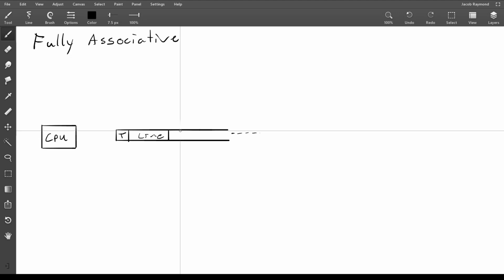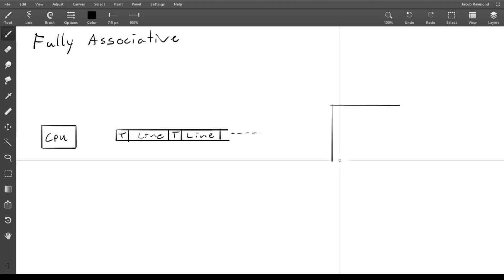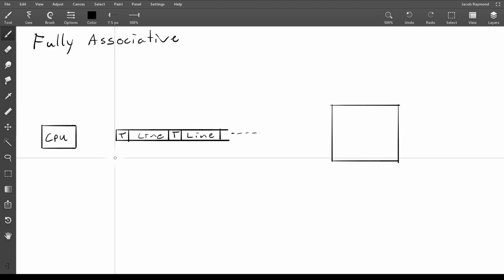But this is essentially how a fully associative cache is laid out. We just have a whole bunch of tags and lines, what was at each of the indices in the direct map cache. Now we just have a whole bunch of them on a single line here. And then we'd obviously have the main memory. I'll go ahead and just have a model of this down here.